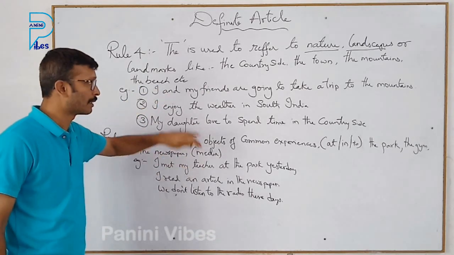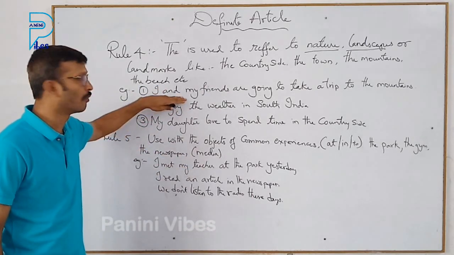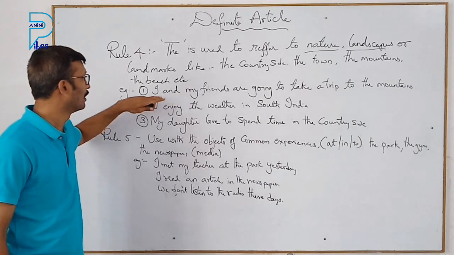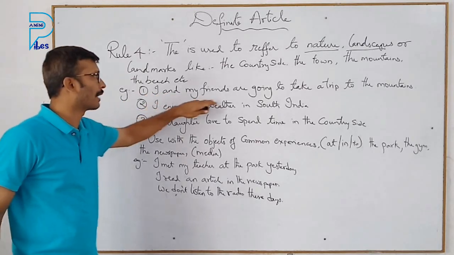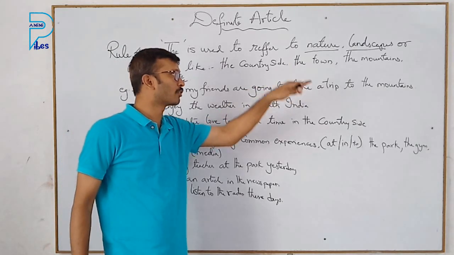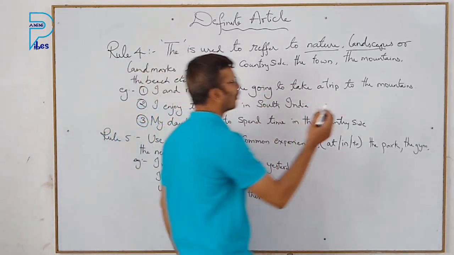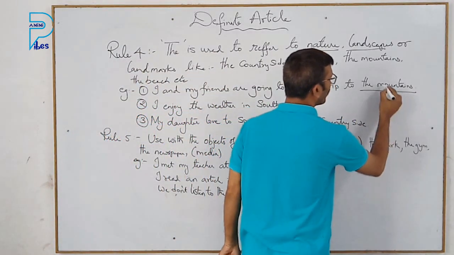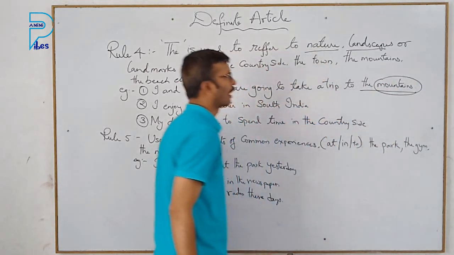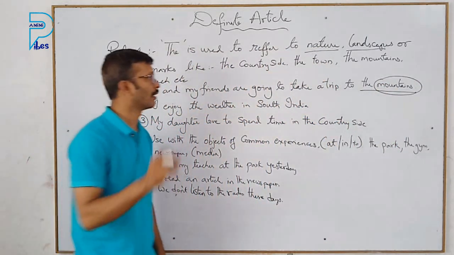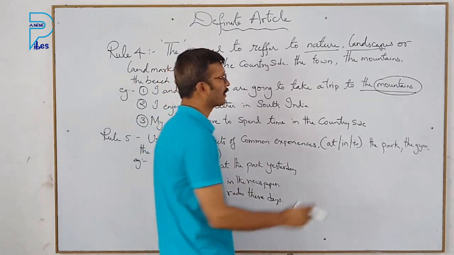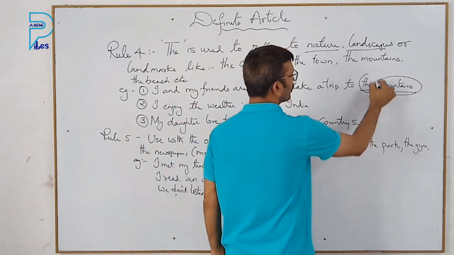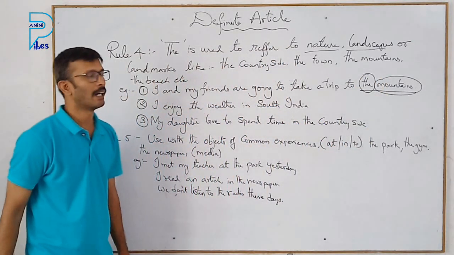तो उसी को हम सेंटेंस में जब बदलेंगे, तो let us see how it is being used in the form of sentence. I and my friends are going to take a trip to the mountains. अब ये mountains जो है वो एक लैंडस्केप है, एक नेचुरल प्लेस है, तो then we use the as definite article.